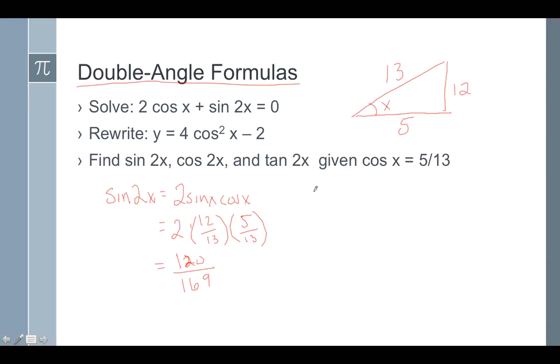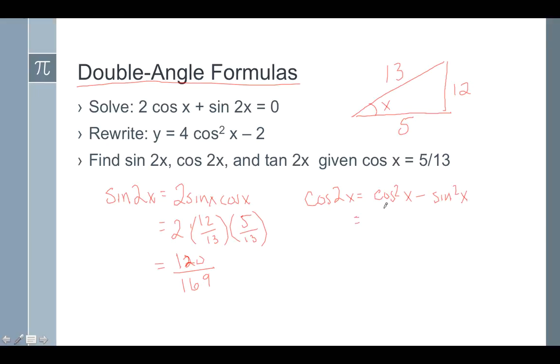And we just go along the same fashion in finding cosine of 2x. Cosine of 2x is just going to be whichever version you want to do. It doesn't really matter. Cosine squared minus sine squared.